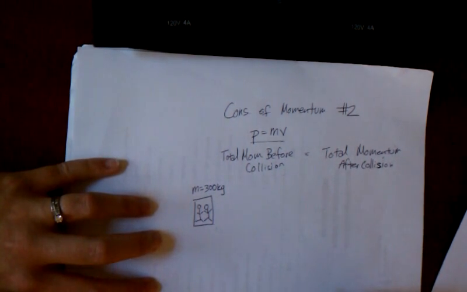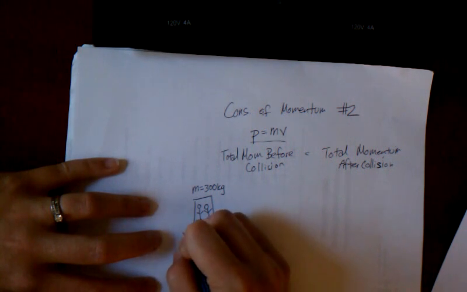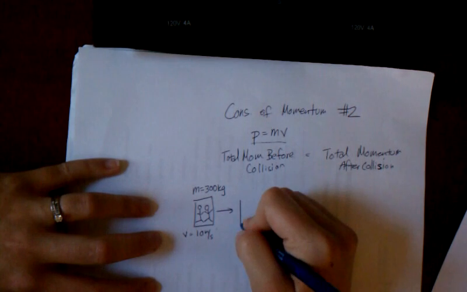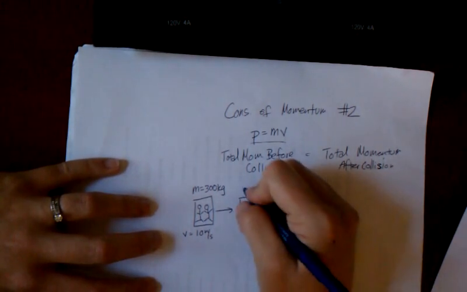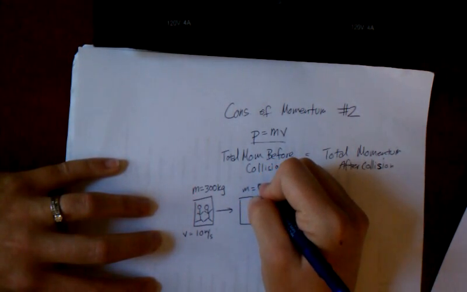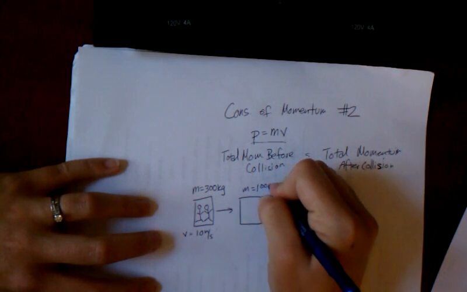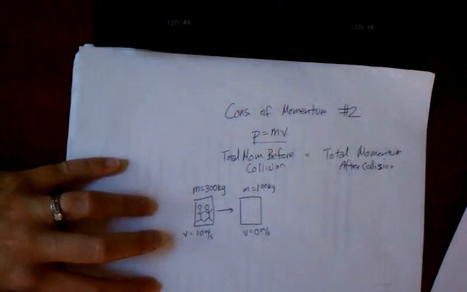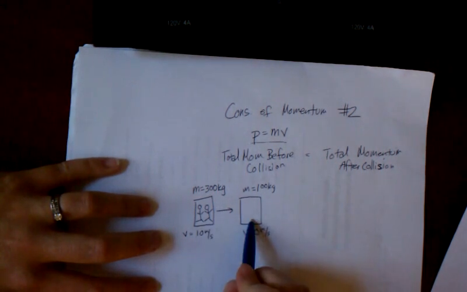And it says in the problem that they are going 10 meters per second, so that is velocity. And they are going to collide with an empty car that has a mass of, let me look at the problem, 100 kilograms, and it is starting at rest. So these are the 2 objects before the collision, right?